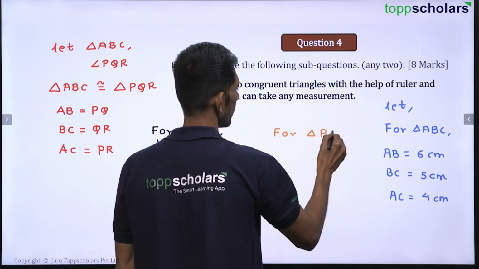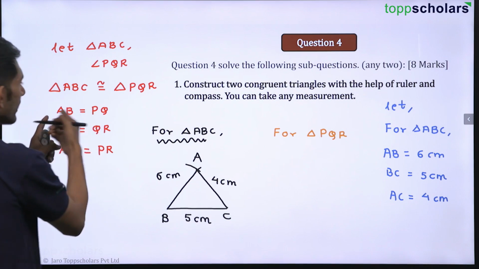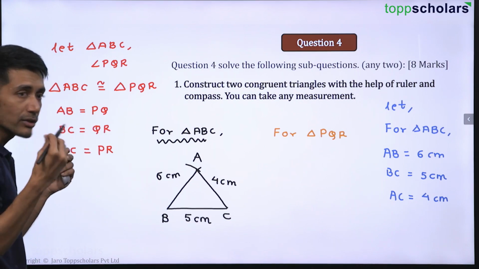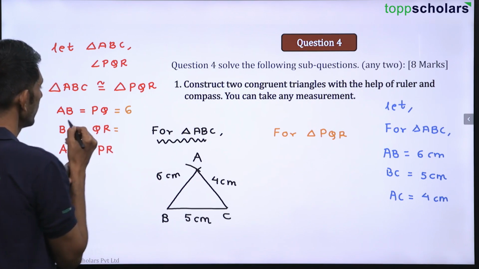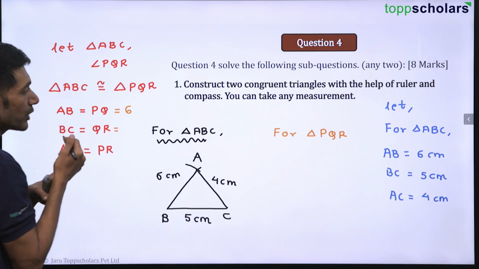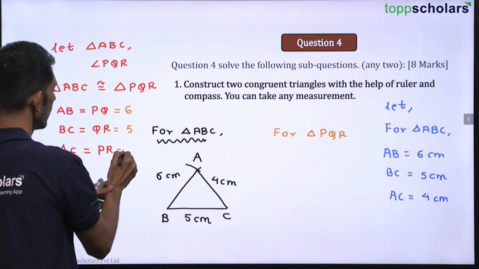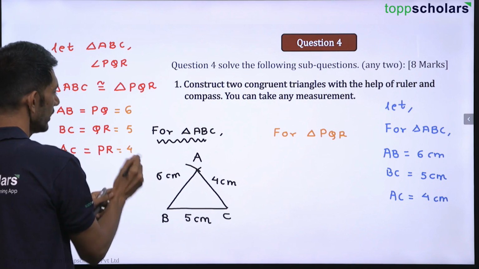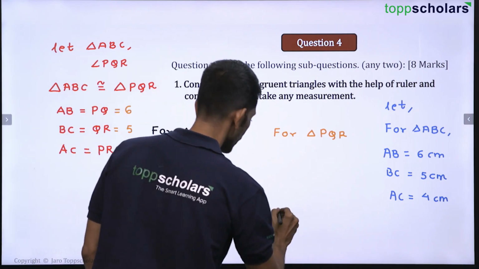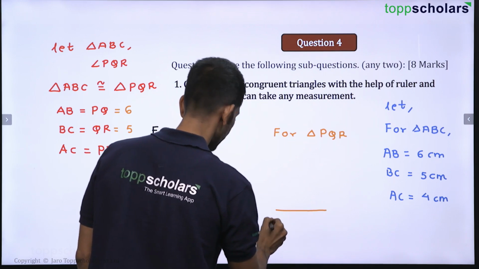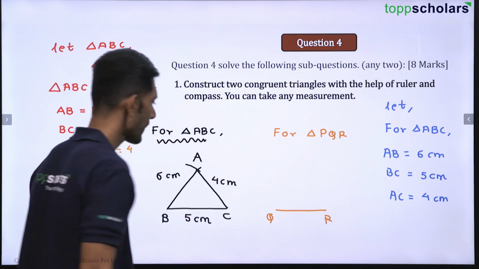Now change the triangle for triangle PQR. Now see, AB is equal to PQ because they are congruent. So this will be 6, BC is equal to QR. So how much will be QR? QR is 5. How much is PR? PR is 4. Here the base is BC, so the base will be corresponding here, that is QR. So construct QR.